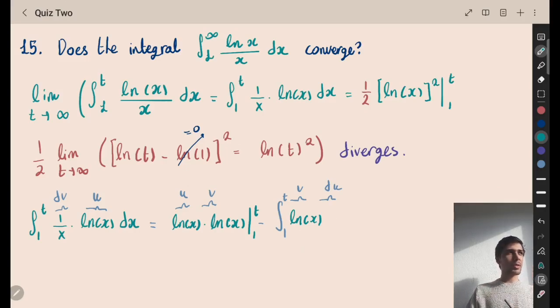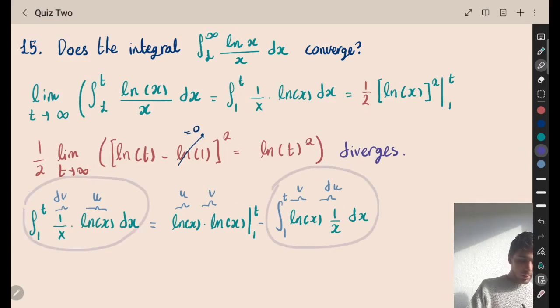I feel like this could have been done using integration by substitution. It should be possible. I mean, it's not a mistake, because here's the thing, because the derivative is going to be 1 over x dx, and then we get the same integral again. So I want to be very precise here. We get the same integral here and there.